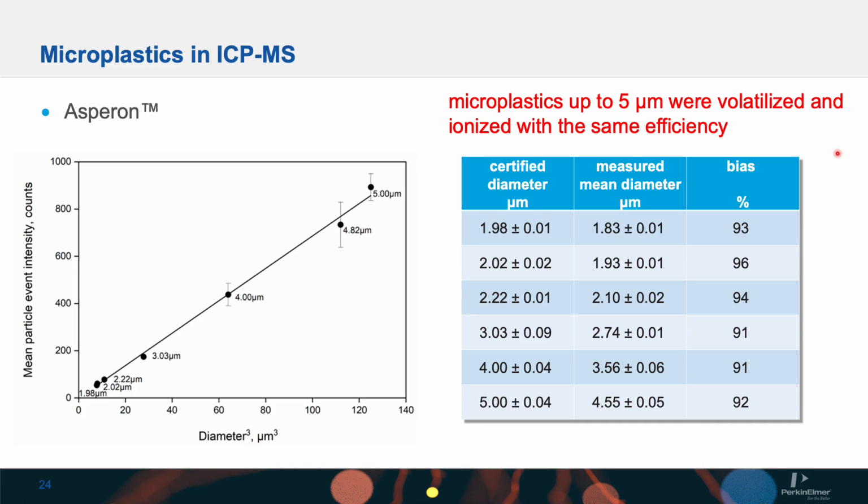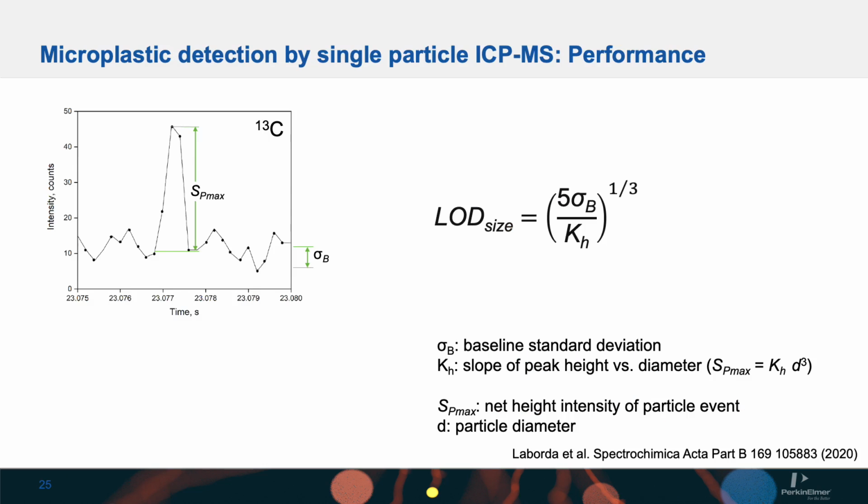This behavior confirms that microplastics up to 5 micrometers were volatilized, atomized, and ionized with the same efficiency. This is not strange because plastics have low molecular masses and boiling points, much lower than most inorganic nanoparticles. This means that even larger plastic microparticles may have similar behavior.